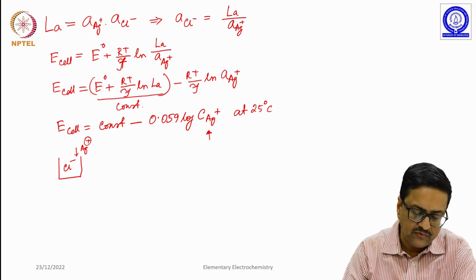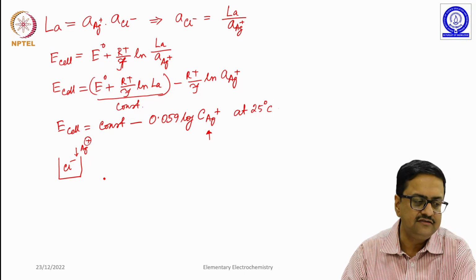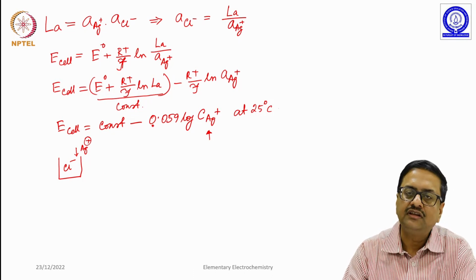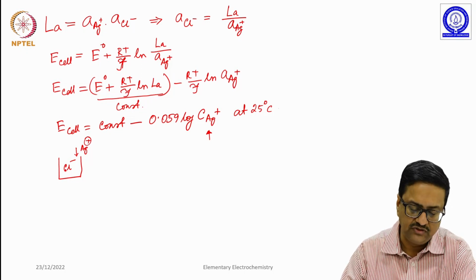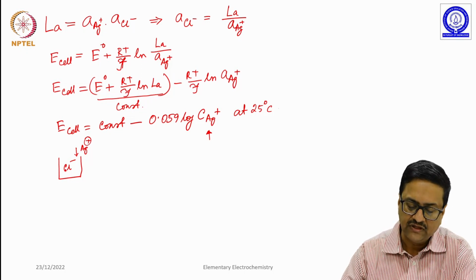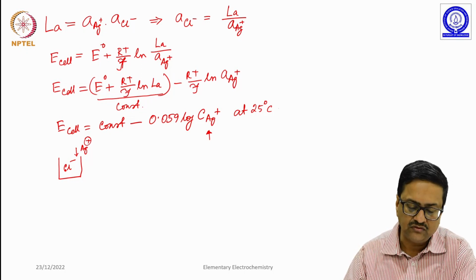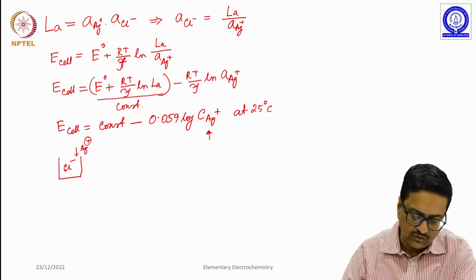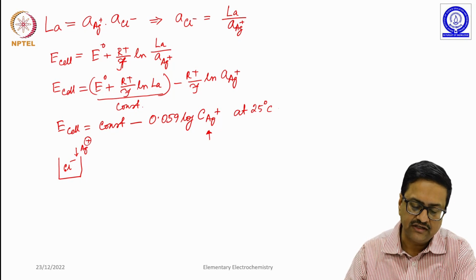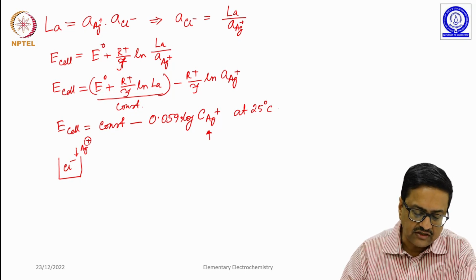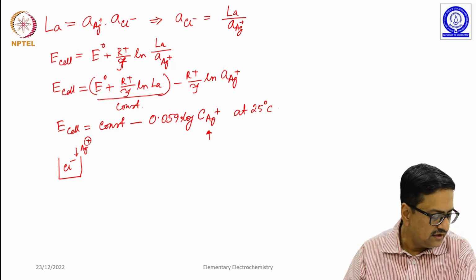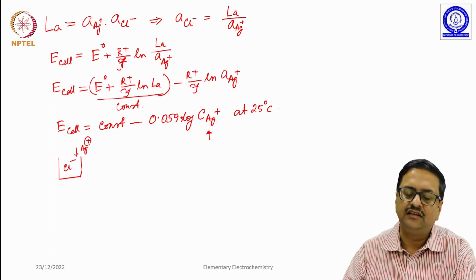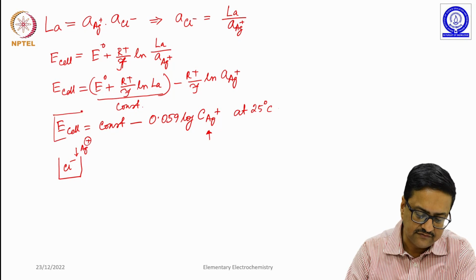So, with time this E cell will slowly change, and beyond the neutralization point, when all the silver has consumed the entire amount of chloride, then with increasing amount of silver, this value will keep on decreasing. So, there we will have a change in the E cell.